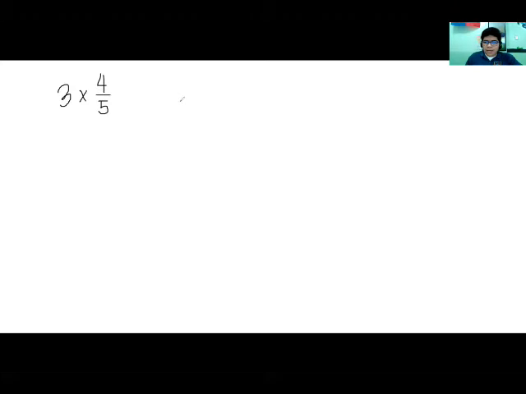So, ang mangyayari dito is we can write this as 3 times 4 divided by 5. And ang mangyayari dyan is 12 itong 3 times 4 over 5. This is improper. So, gagawin ko siyang mixed number. May dalawang 5 na kasi dyan. Pwede yung tayong 10 plus 2, di ba?